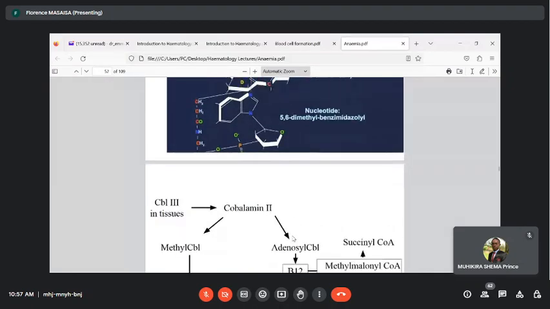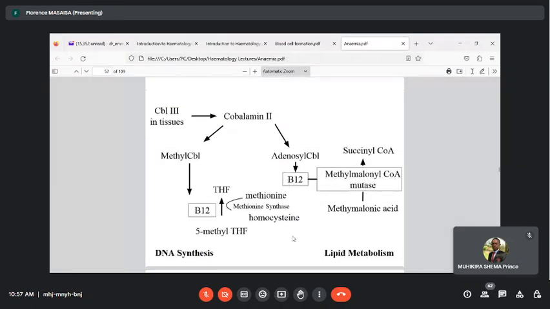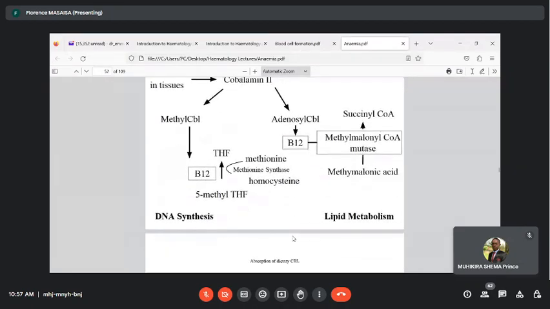Vitamin B12, apart from playing a role in the synthesis of DNA by transforming homocysteine to methionine, also plays a role in lipid metabolism by converting methylmalonic acid to succinyl coenzyme A. So if you want to detect early the deficiency in vitamin B12, you may also test methylmalonic acid, and you may find that it will be increased.